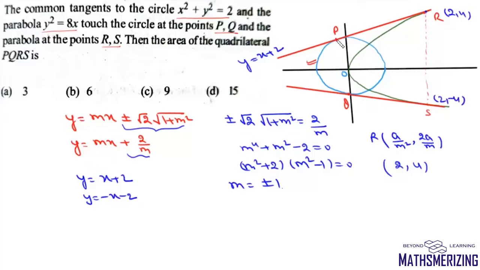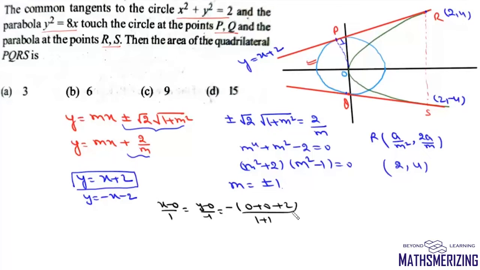Now we need to find the coordinates of points P and Q. So for that, what we'll do is, we'll find foot of perpendicular from origin, which is the center of this circle, to this tangent. So we can write foot of perpendicular as x minus 0 upon 1, y minus 0 upon minus 1, and then minus, we'll put the value of x, y as 0, so 0 plus 2 upon a square plus b square, which is 1 plus 1, so it'll be 1.